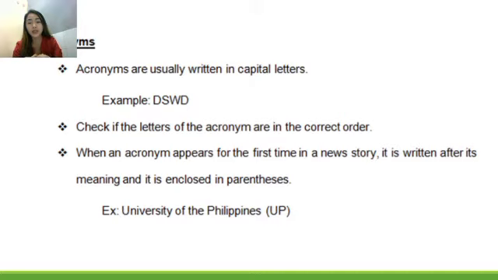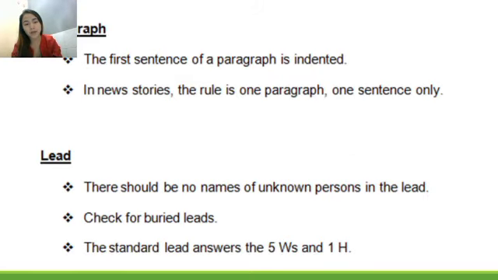Check if the letters of the acronym are in the correct order. Baka naman bali-baliktad na. And when an acronym appears for the first time in a news story, it is written after its meaning and it is enclosed in parentheses. Lalo na pag una pa lang, di ba? Pag sa unahan talaga sinabi, it should be complete. Then, parenthesis yung acronym, I'm sorry, yung acronym pala.